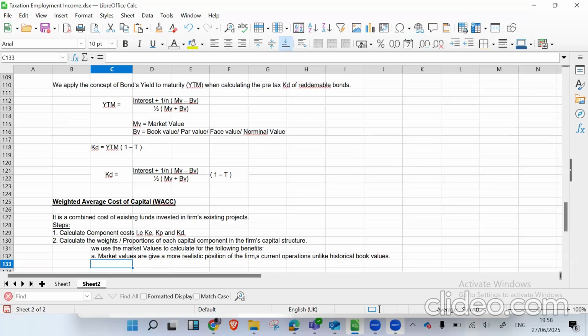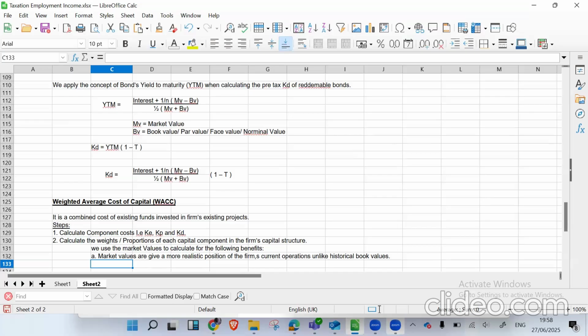Let's have 3. Number 3, assets used as collateral are always valued as per the market.